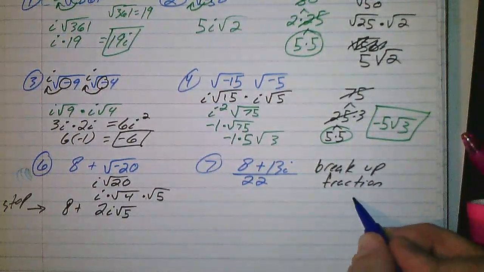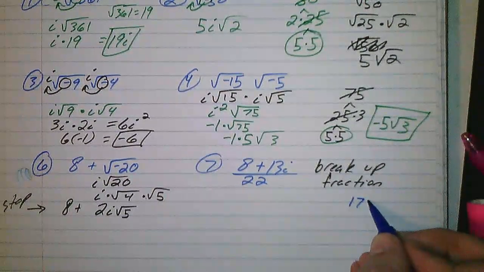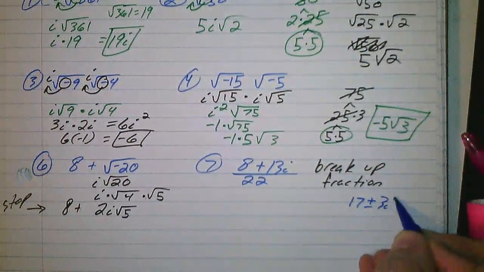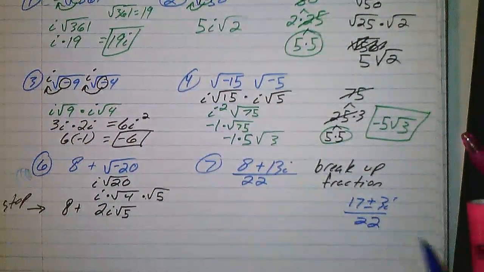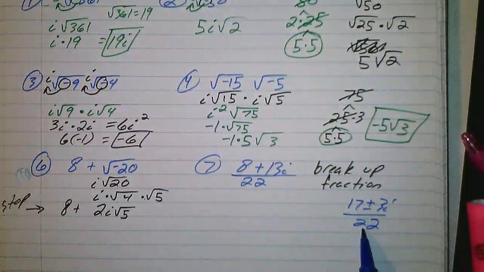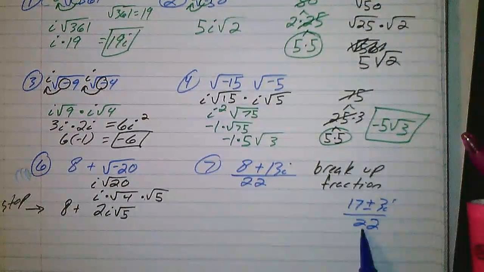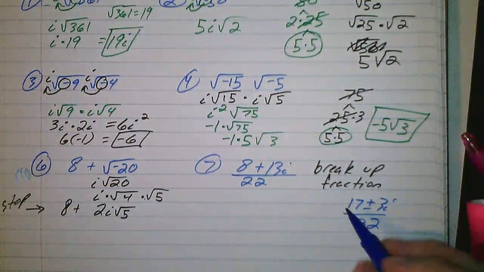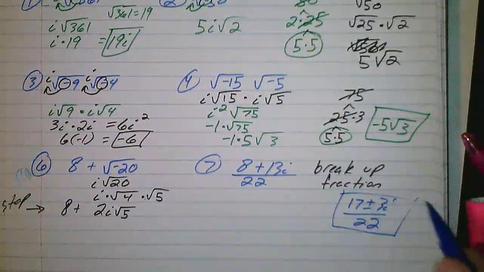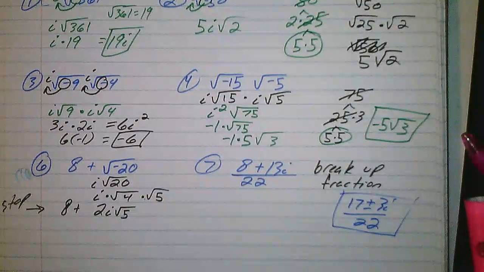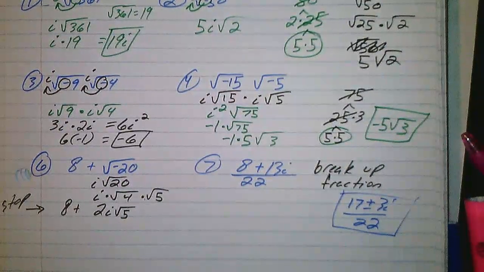If I had something like 17 plus or minus 3i over 22, 17 is a prime number. It's not going to be divisible by 22, no shared factors. 3 and 22 would have no shared factors. We could stop there, and you'll get some answers with radicals as you solve using the quadratic formula that just look like that.